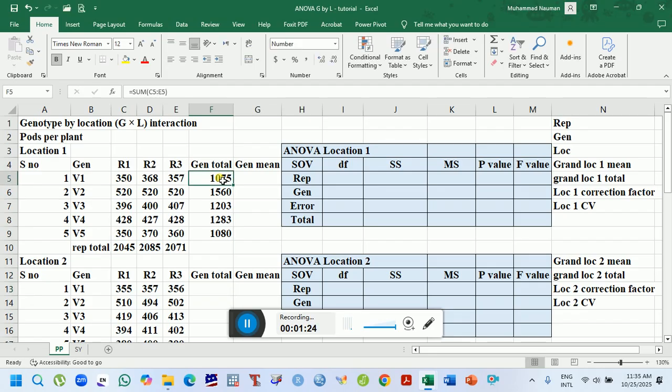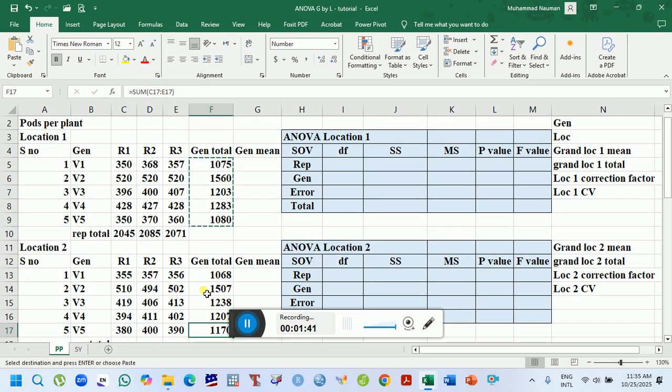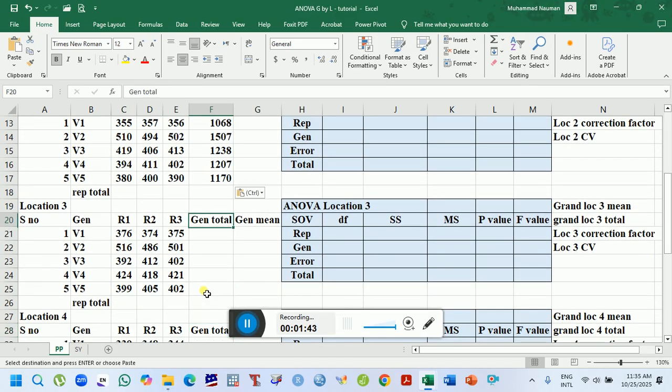We will just copy this and paste in the relevant cells. It will calculate automatically and take the figures from the reference cells. Paste, just copy paste.